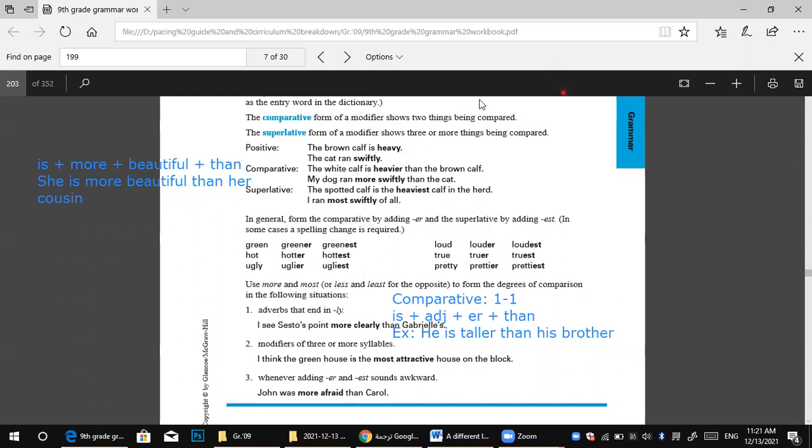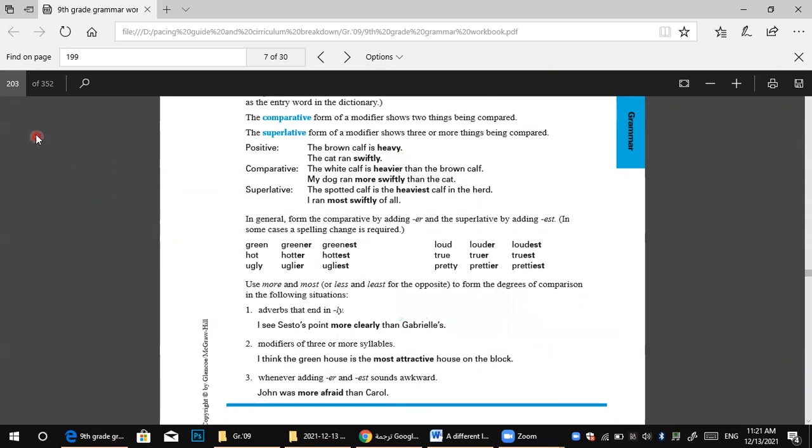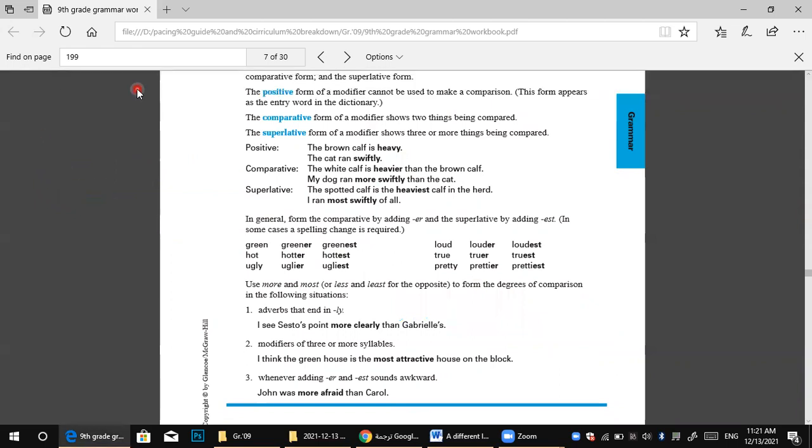Let's start with the superlative. For the superlative, we write: is plus the plus adjective plus est.